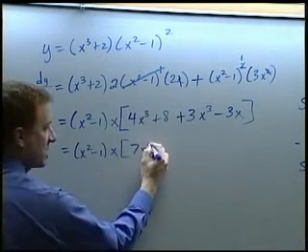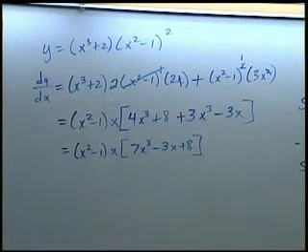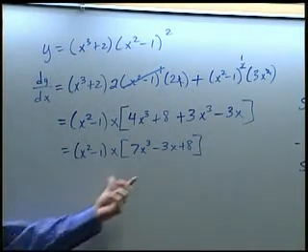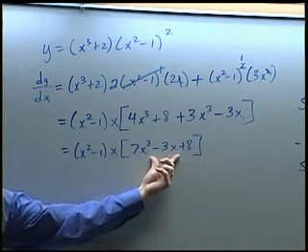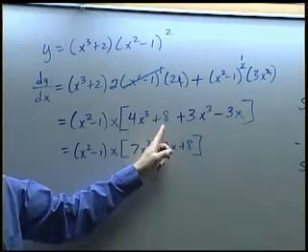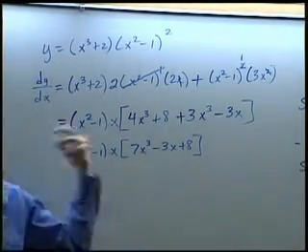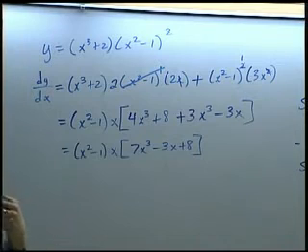Well, I get a 7x cubed minus 3x plus 8. Now this particular example did not factor anymore. But occasionally when you start putting things together, I got a plus 8 here, maybe on the other side I'll get a negative 8. Those will cancel off, and I might be able to factor out another x or something. But for right now, this is all the further we could go with this example.